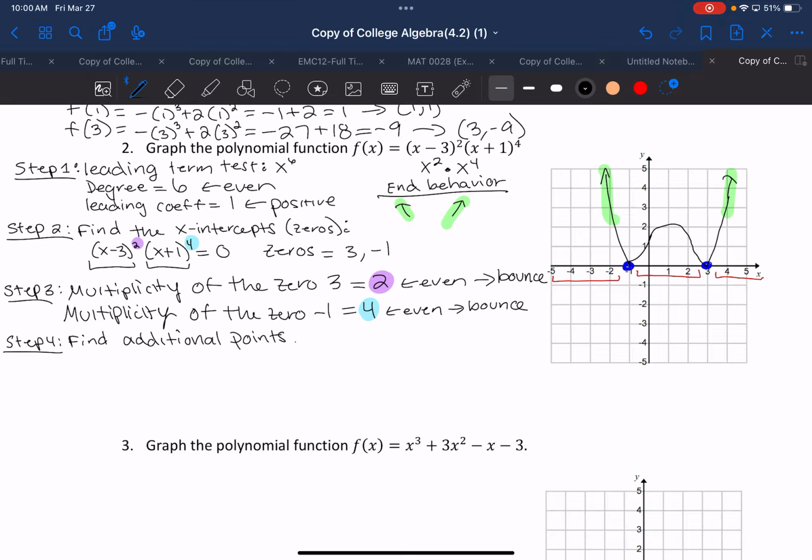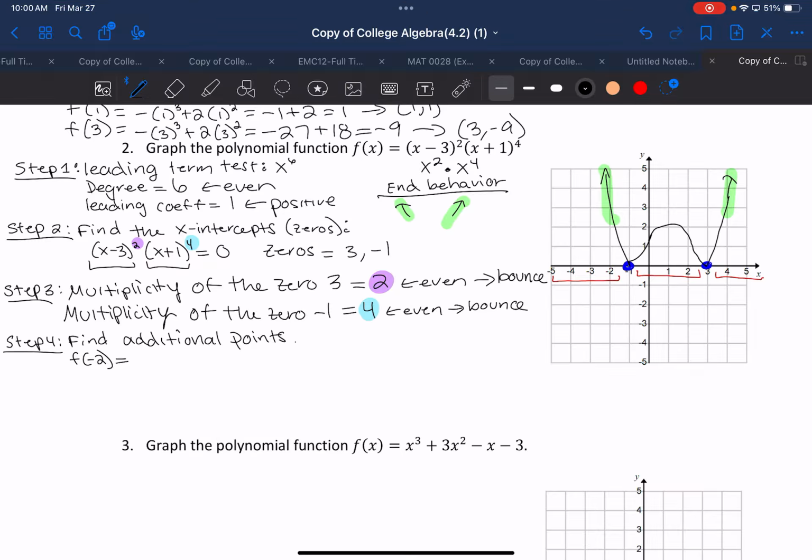Okay, so the first, now again, you can pick any x value in the interval you want, but I always like to pick, especially on the left and the right, the x value closest to the intercept. So I'm going to pick f of -2 first and figure out what's happening at x value of -2.